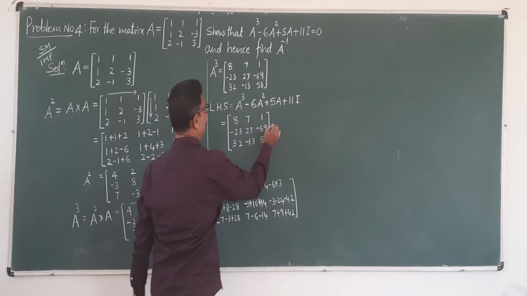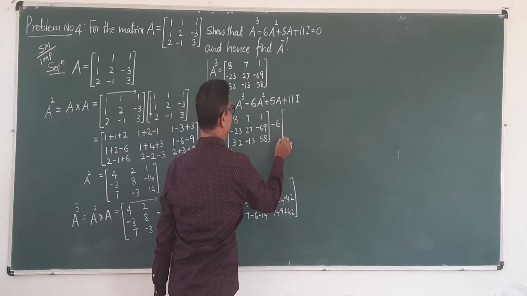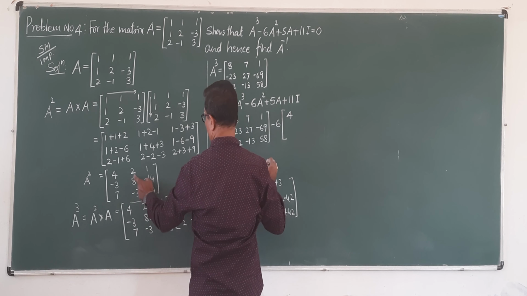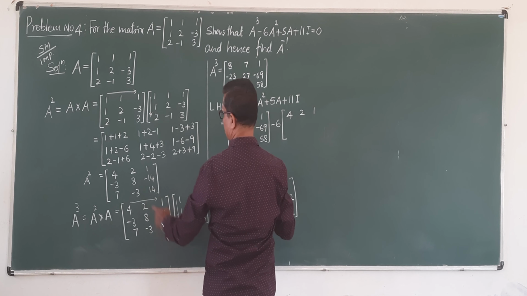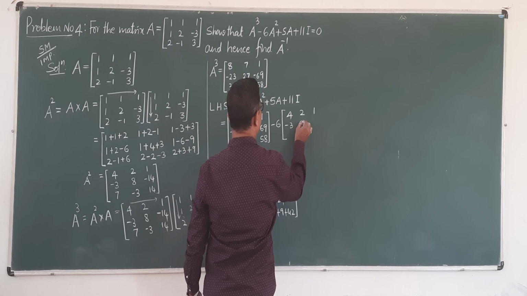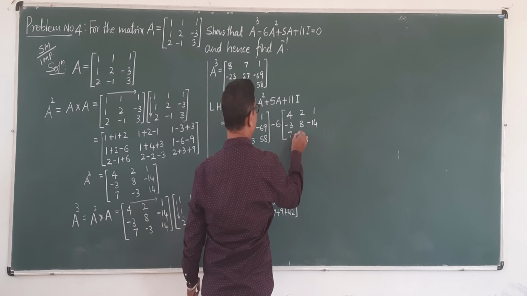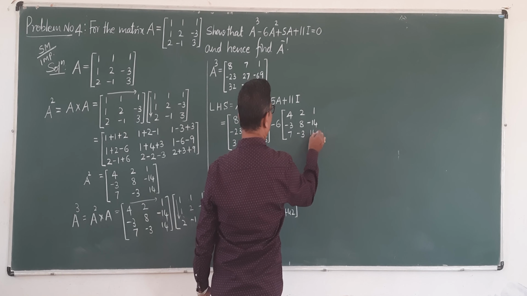This is A cube. Minus 6A square. A square matrix: first row 4, 2, 1; minus 3, 8, minus 14; 7, minus 3, 14.